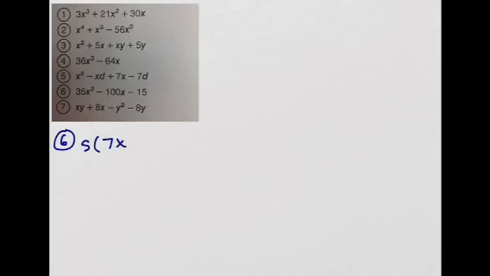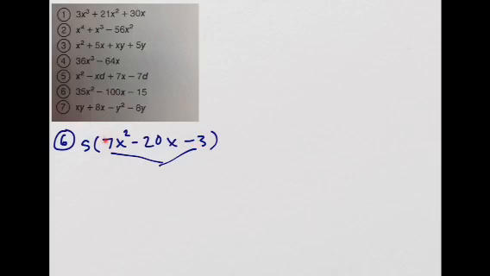So here I have 7x squared minus 20x minus 3. And then for this one, I do have to multiply the first one with the last one because the leading coefficient right here is 7. It's not a 1. If it was just a 1, then I would only look at that number.